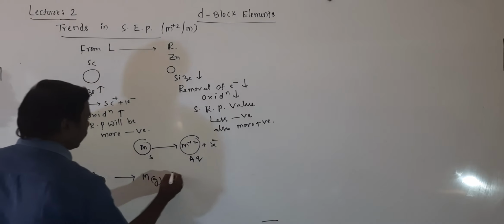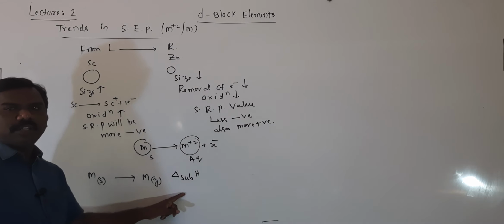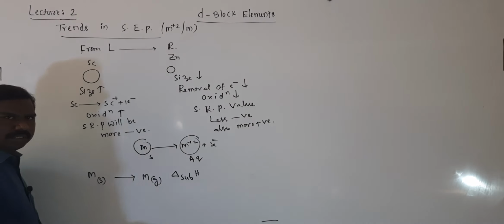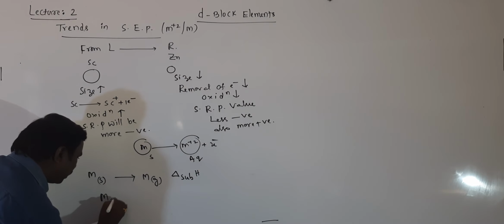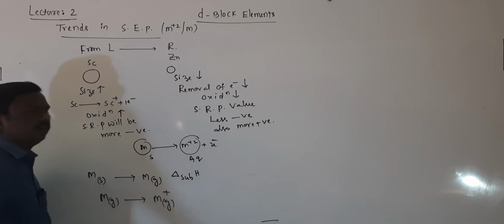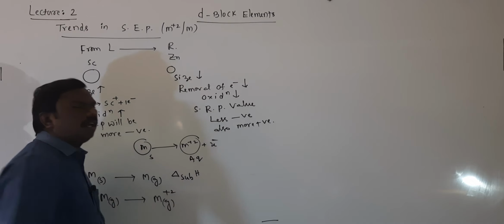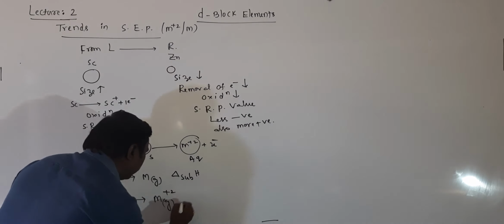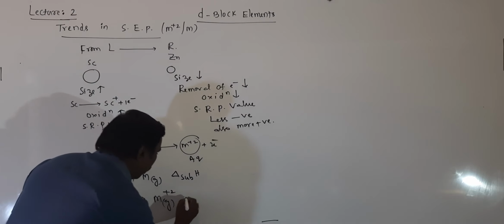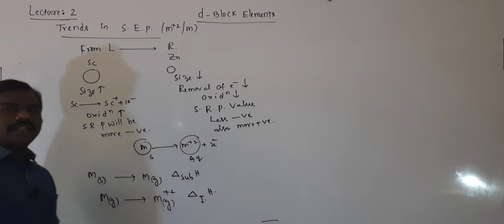It is called sublimation, and the heat required is called enthalpy of sublimation. Then metal gas is converted into a gaseous metal ion by losing electrons. If it loses 2 electrons to form plus 2, the amount of energy required to remove the electrons from a gaseous atom is called ionization enthalpy.